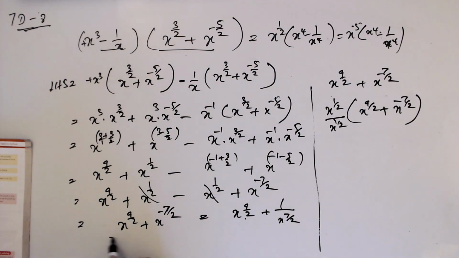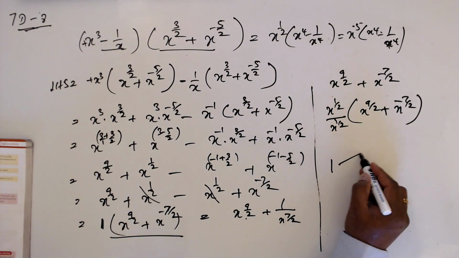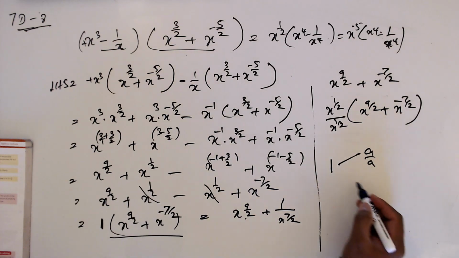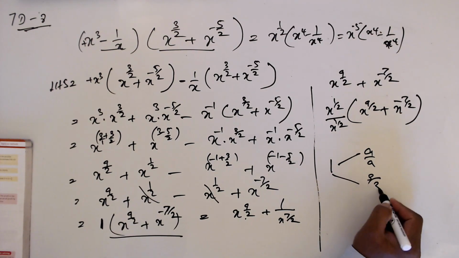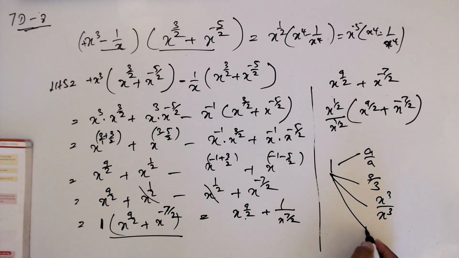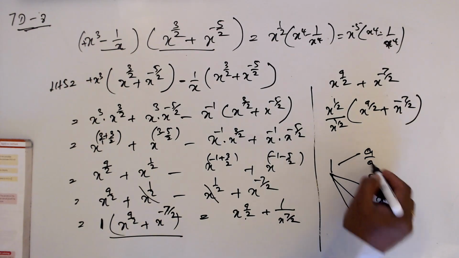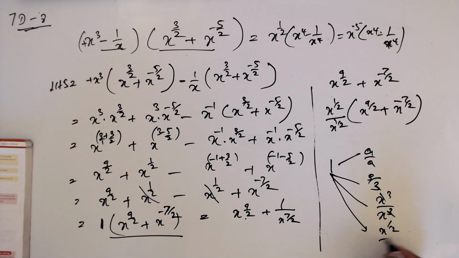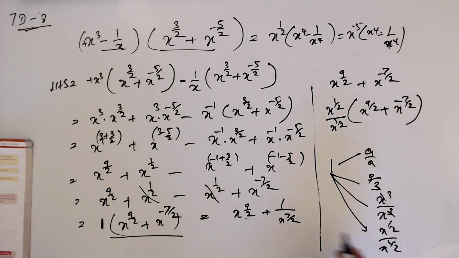I came up to here, and there is 1. 1 I can write as a over a, also 1; 3 over 3 also 1; x to the power 3 divided by x to the power 3 also 1, because we see it cancels out, right? x half divided by x half also 1.